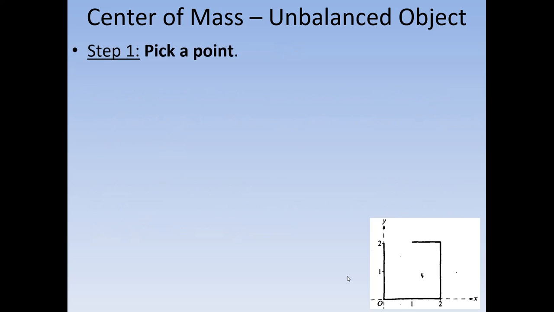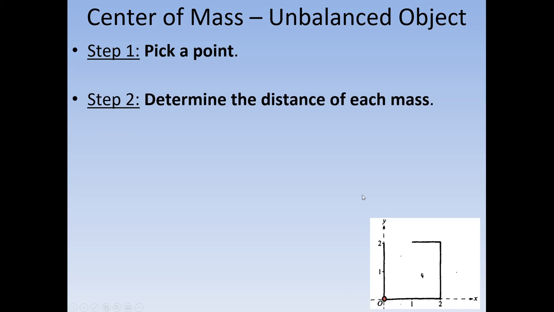All right. So first step is pick a point. Again, I'm going to pick the most bottom left-hand corner. That way, because that's like the origin, it makes our life a lot easier. The second step is to find the distance of each mass. Now, I have a uniform wire that is basically one complete object.